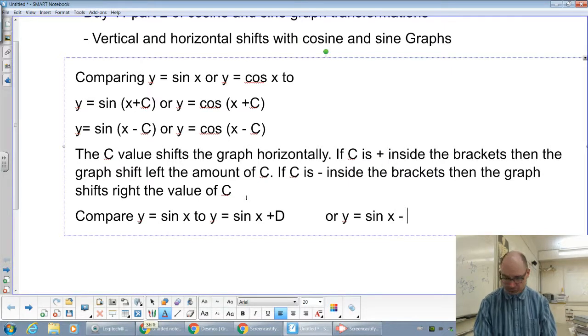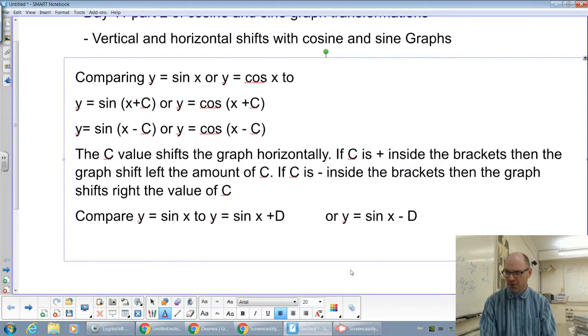Okay, so the D value of the graph, we know, shifts the graph vertically.